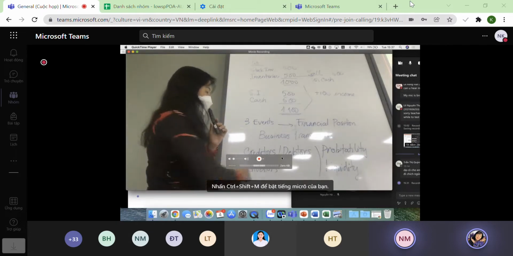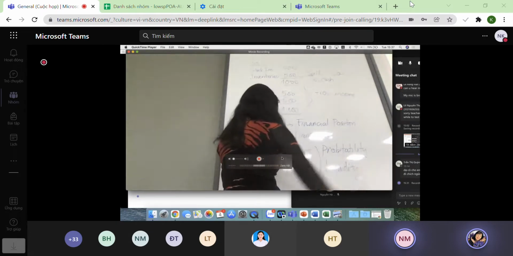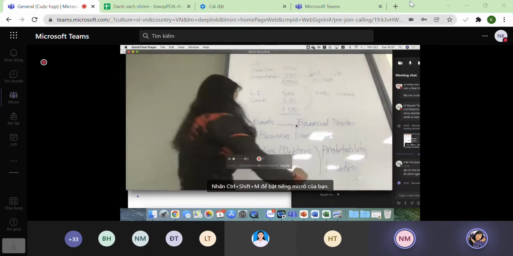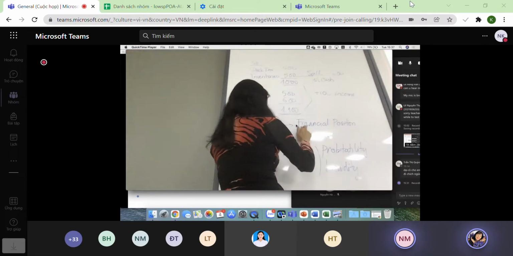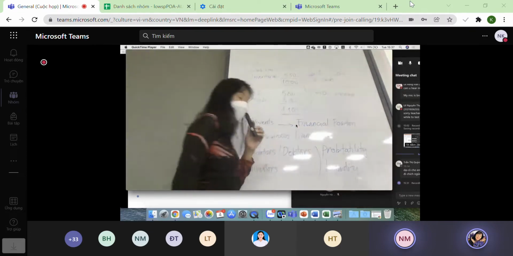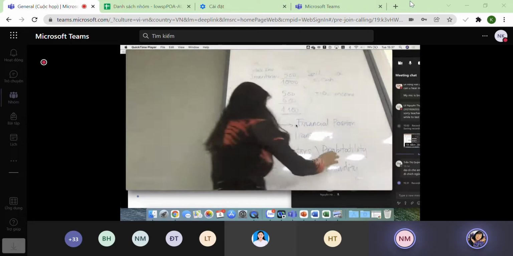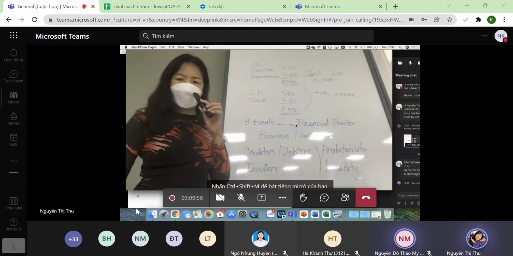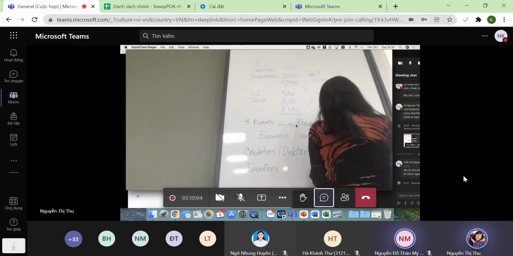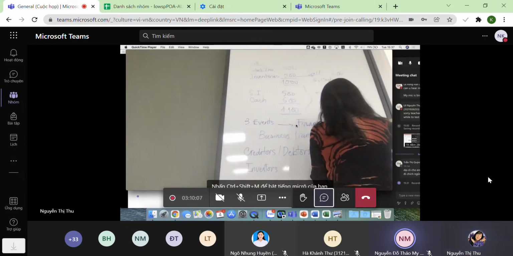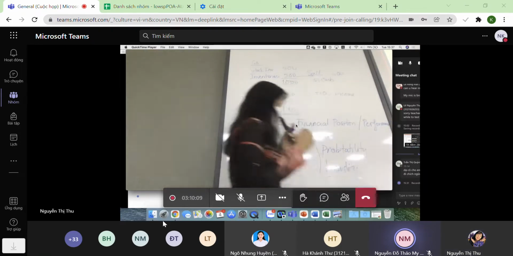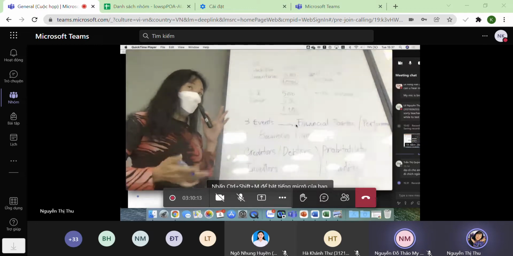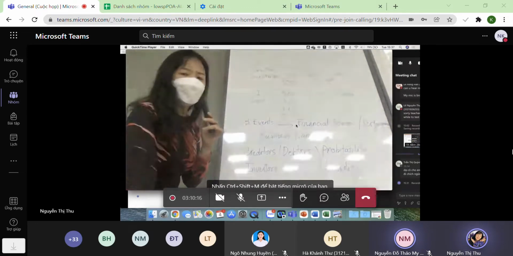The first one is more about liquidity, and for liquidity, they care more about the financial position of the company. For profitability, they care more about the financial performance of the company. Financial position and financial performance. Okay.